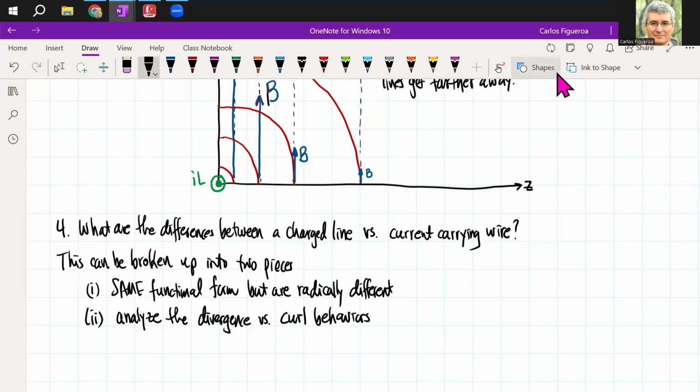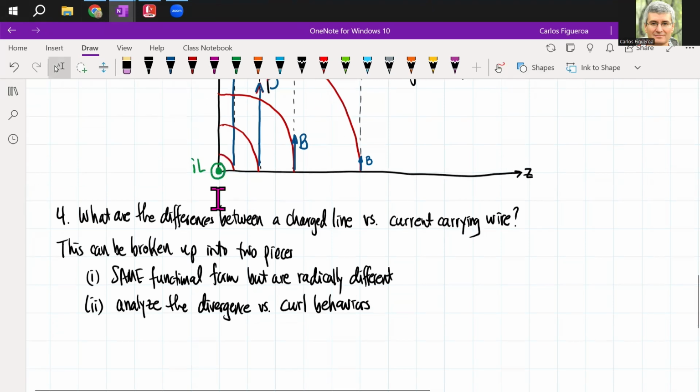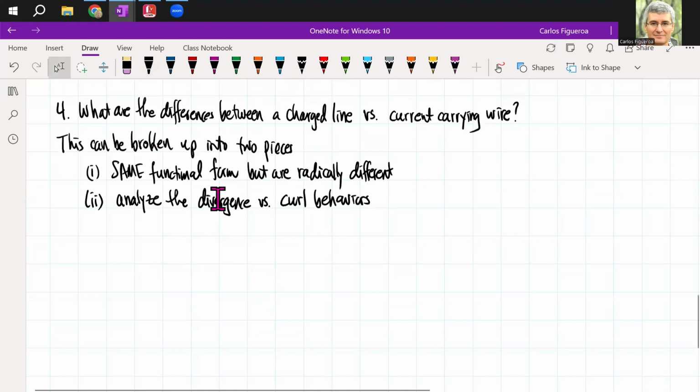Because we've calculated the magnetic field, we know exactly what it's supposed to look like, just like we've calculated the electric field that way. So let's start analyzing this.